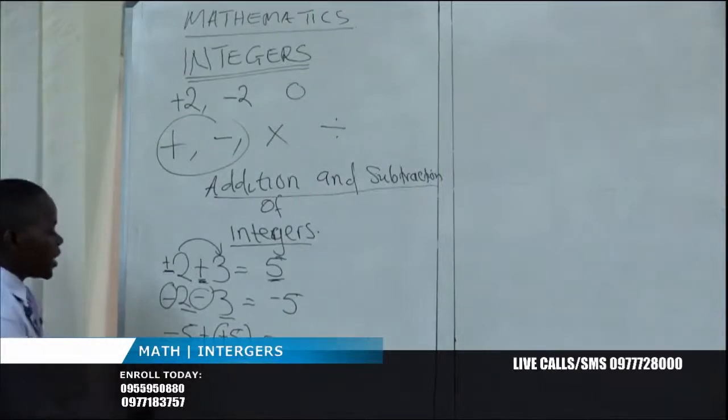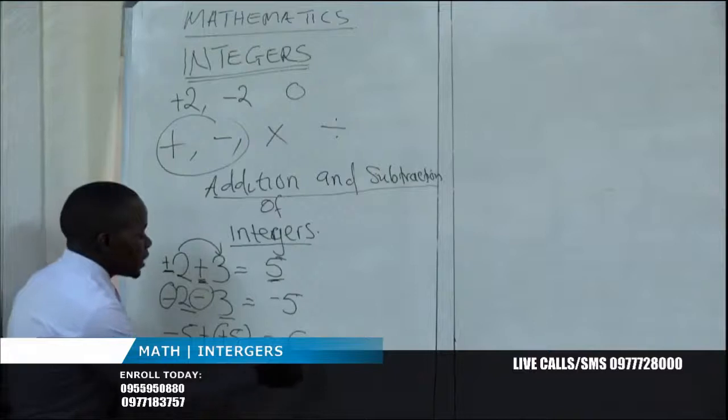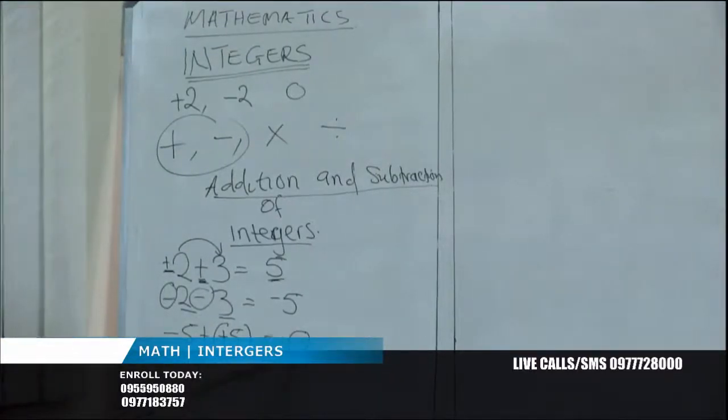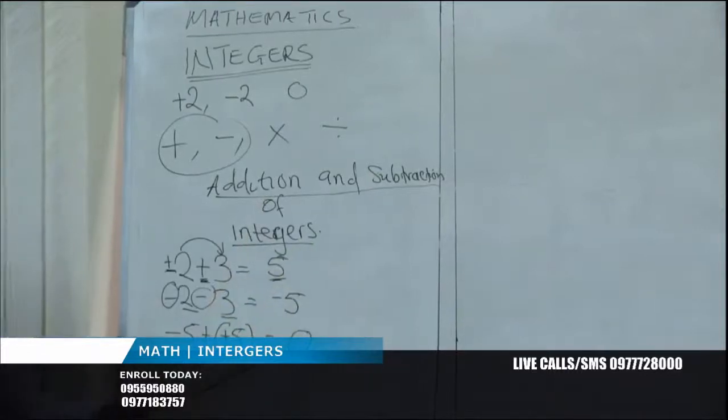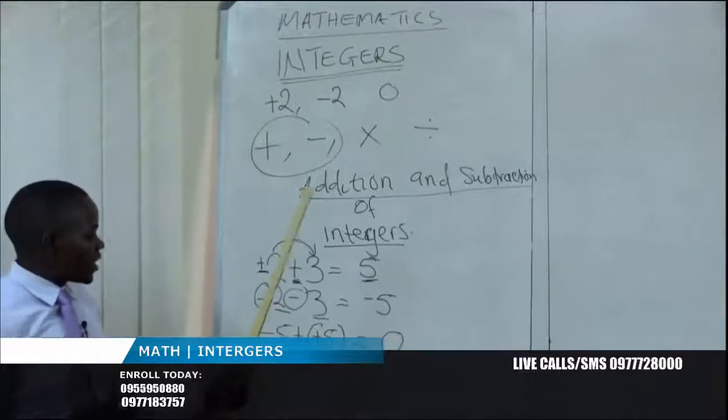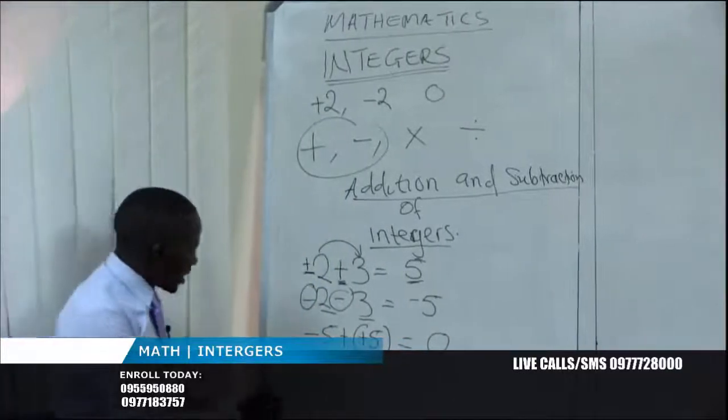Now when you subtract here, definitely it will give you 0. And 0 is neither negative nor positive. So you don't need to write negative 0 or positive 0, because most of you learners end up writing negative 0, of which we do not have negative 0. Okay, let me give you another one.